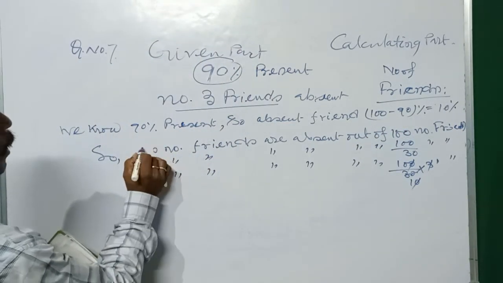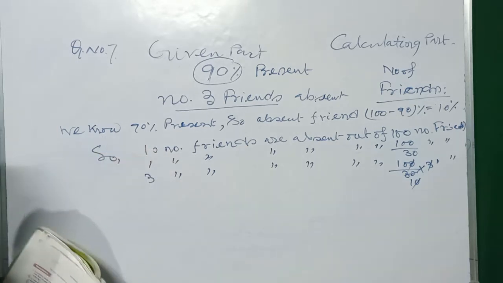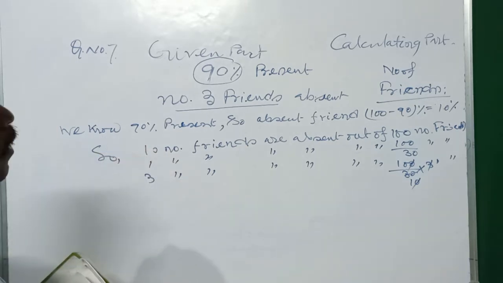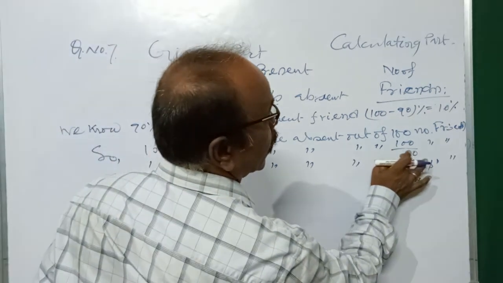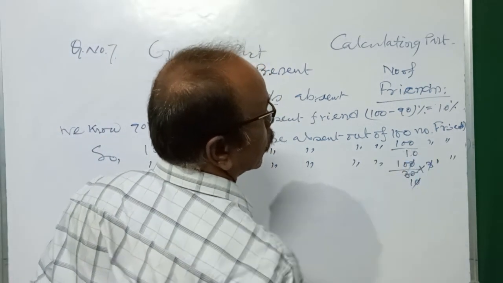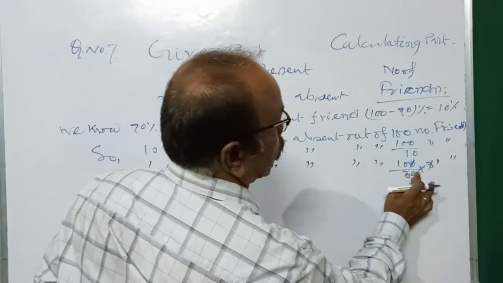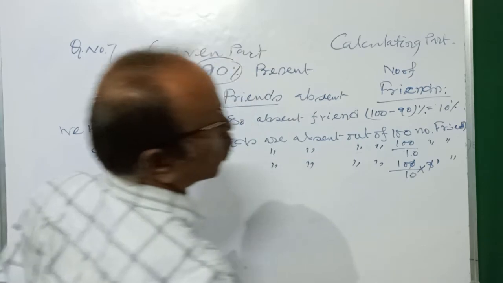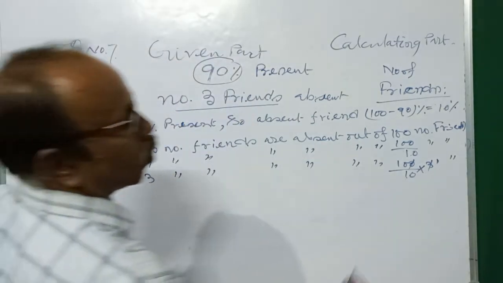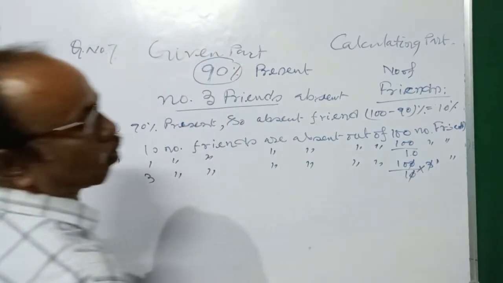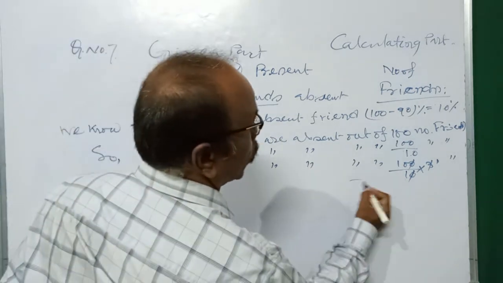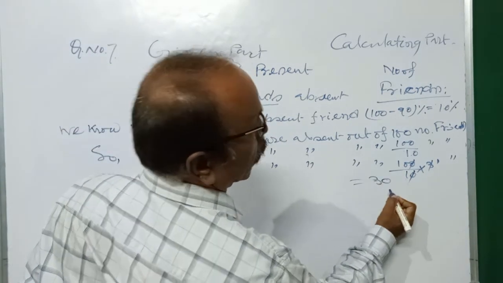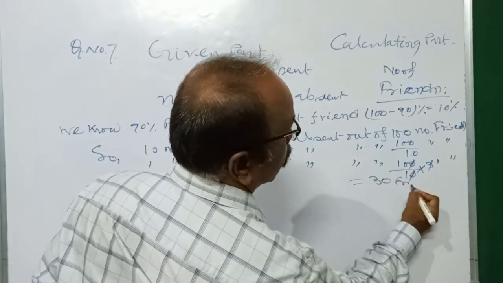Sorry. 10 number of friends are absent out of 100, divided by 10. Sorry, too much, sorry. 10 into 3. So 0 and 0 is also crossed. Number of friends will be 30. I am very sorry.